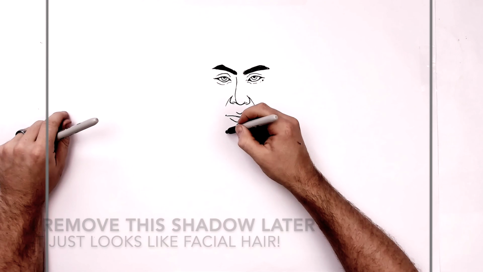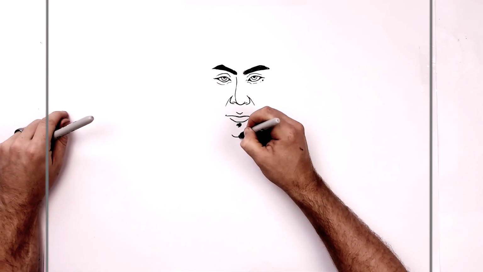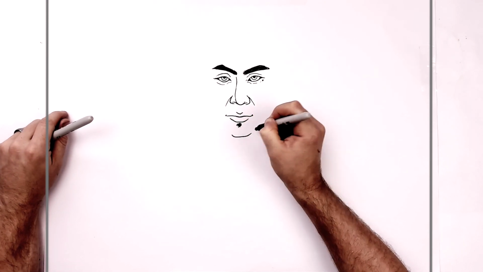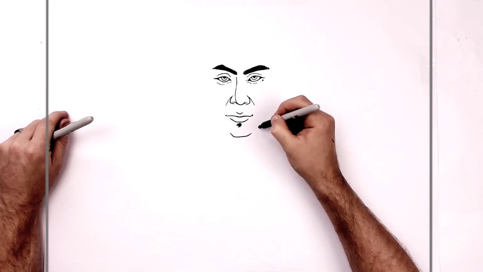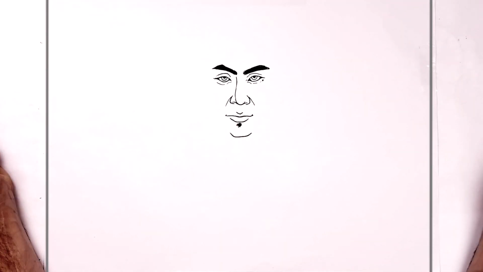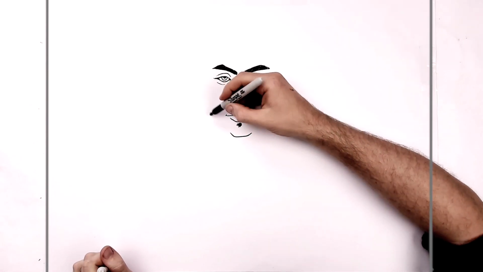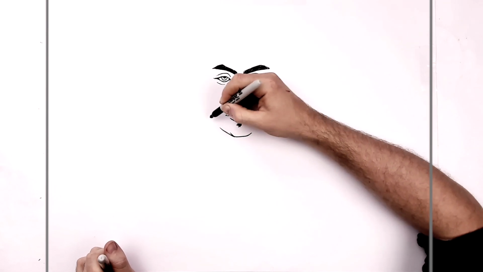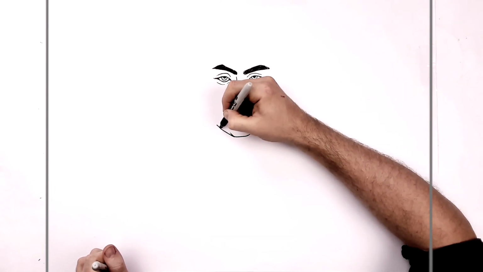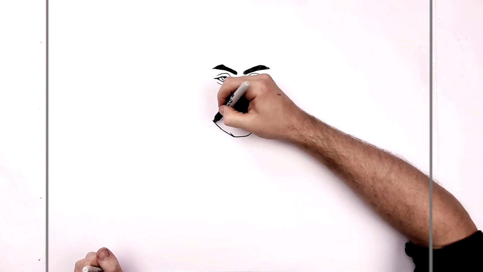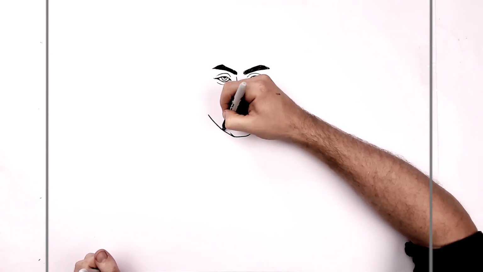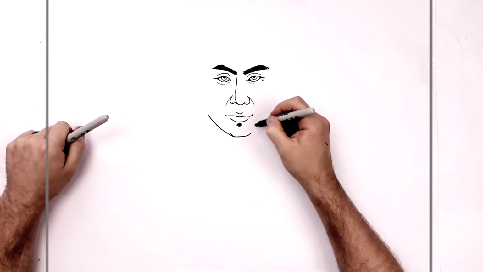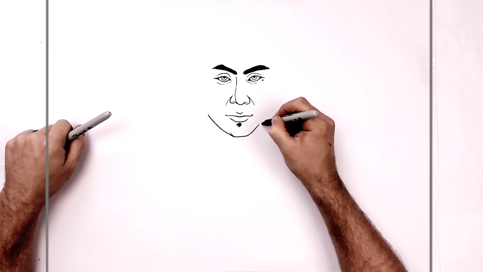And then his chin, relatively square sort of chin. Like so. And so then his jaw comes out this way. And then his jaw on the other side comes out here.